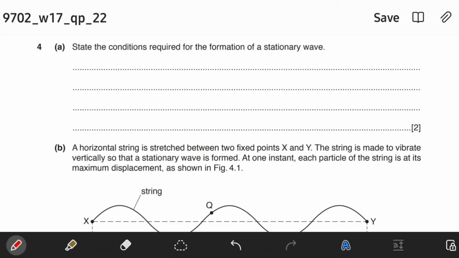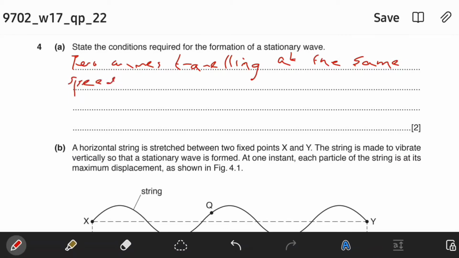State the conditions required for the formation of a stationary wave. You need to memorize this. Two waves traveling at the same speed in opposite directions overlap.